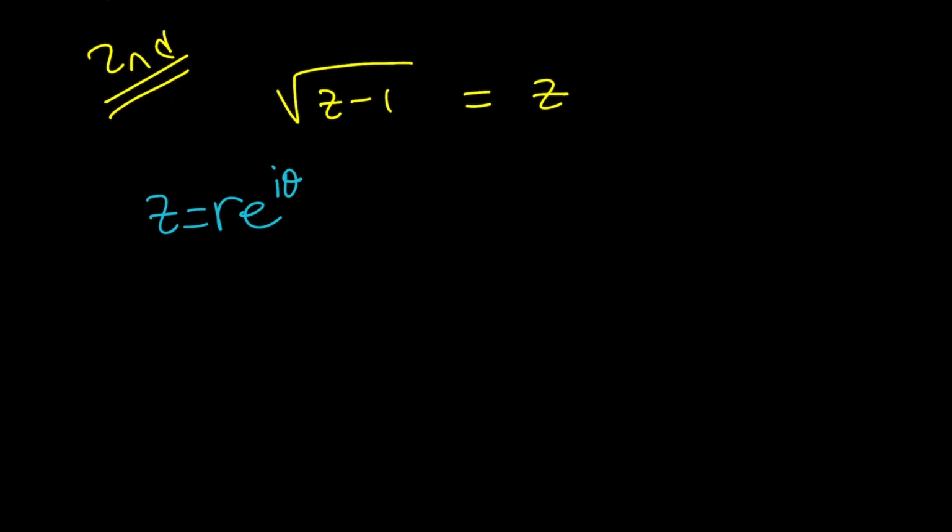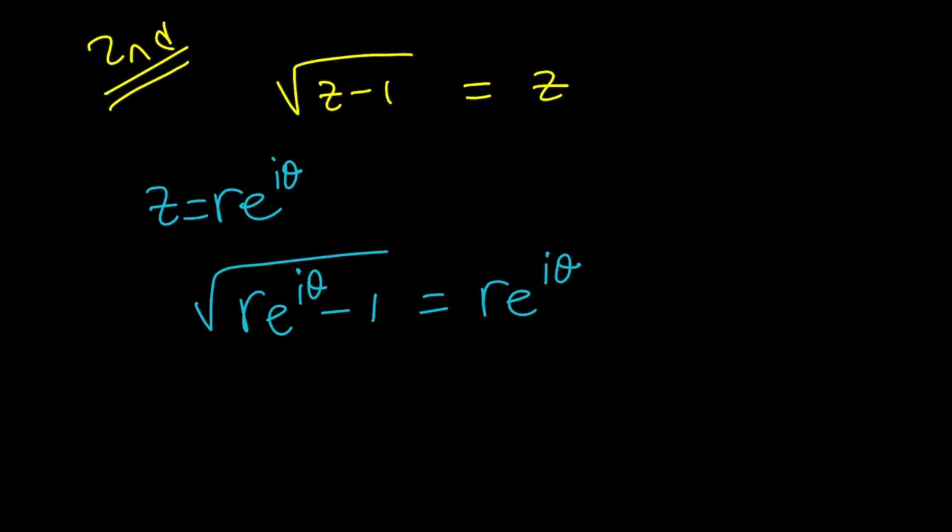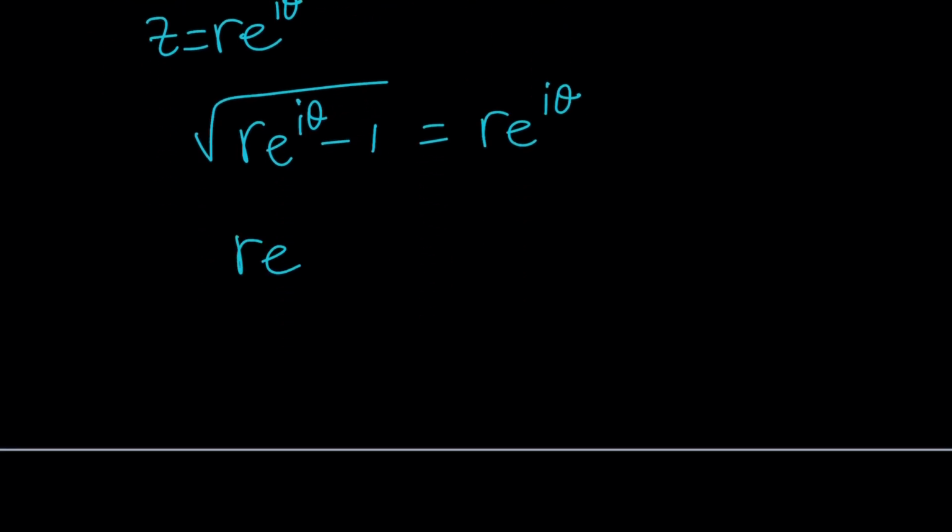Well, in that case, we're just going to plug it in: r e to the i theta minus 1 equals r e to the i theta. Easy. And then you're going to square both sides again. r e to the i theta minus 1 equals r squared e to the 2i theta. When you square, it just doubles the exponent. Cool.